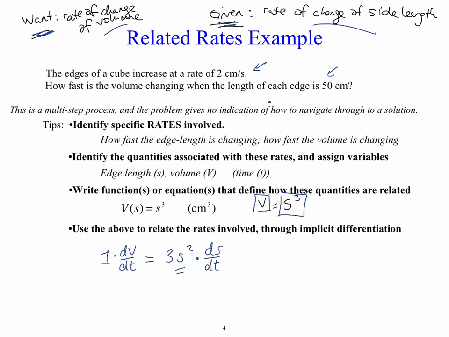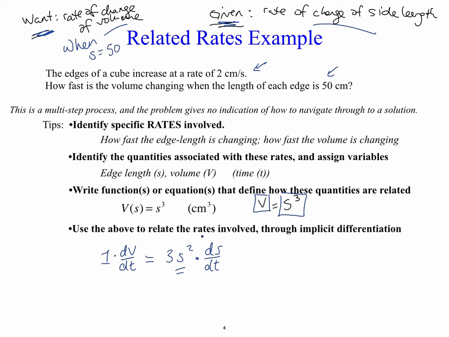What we want to do is talk about how the quantities vary in relation to each other, and then take a snapshot in time and see what's happening at a specific moment. So if I was being really careful, what I should have said is that I wanted the rate of change of volume when the side length is 50.